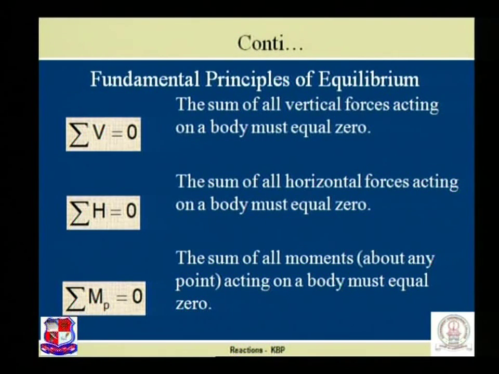That is our first principle of equilibrium. Second, sigma H is equal to 0: the sum of all the horizontal components of forces acting on a body must be equal to 0. And third, sigma M at any point, let us say P, is equal to 0. That is, the sum of all the moments acting on a body must be equal to 0.